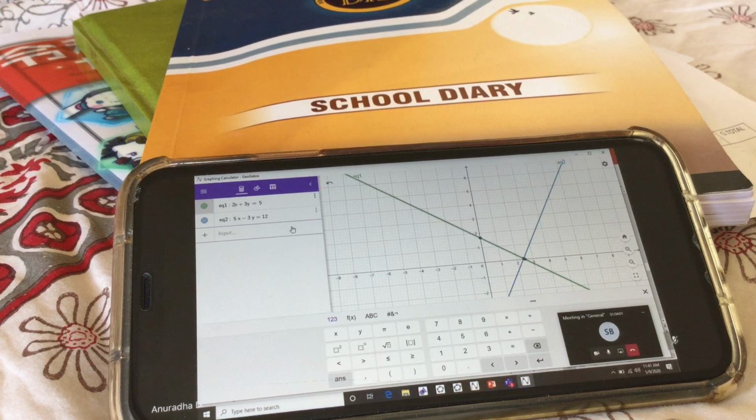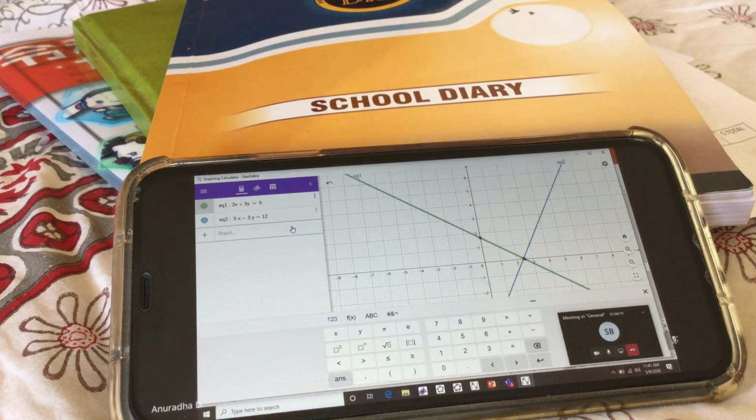Then they can take all the pairs of equations where it was intersecting and check what the ratios A1 by A2, B1 by B2 and C1 by C2 are.